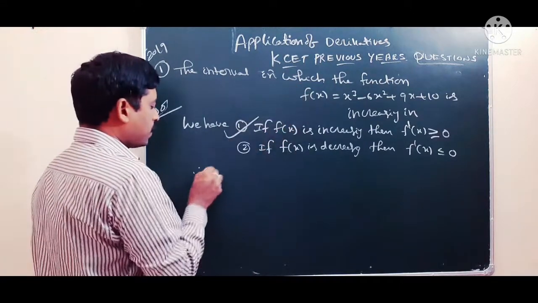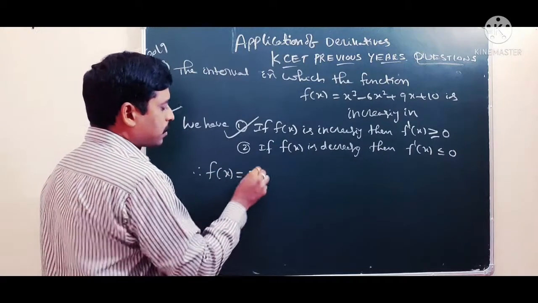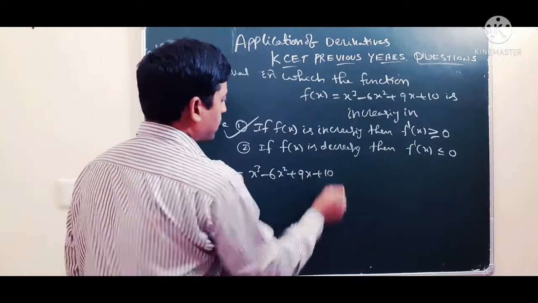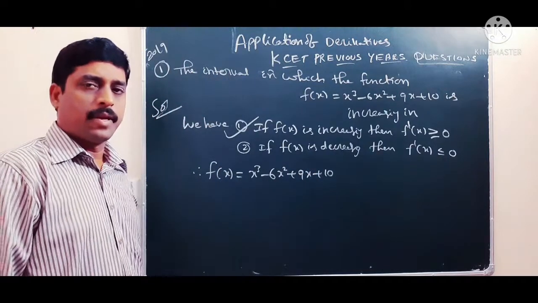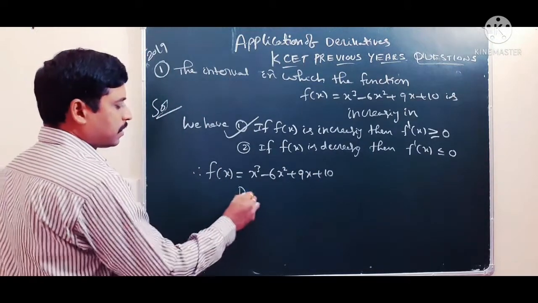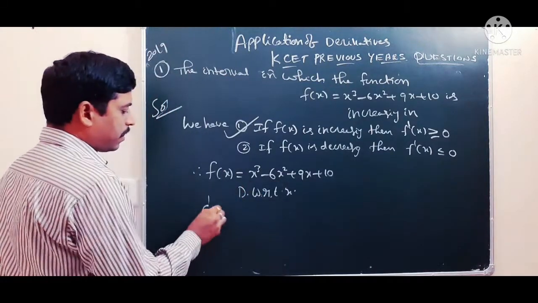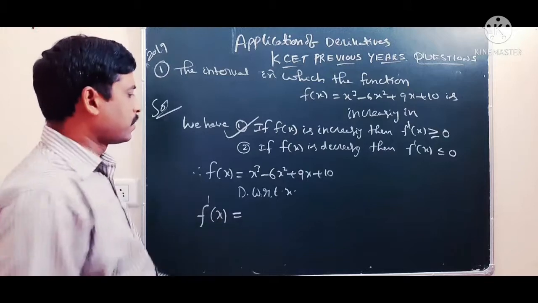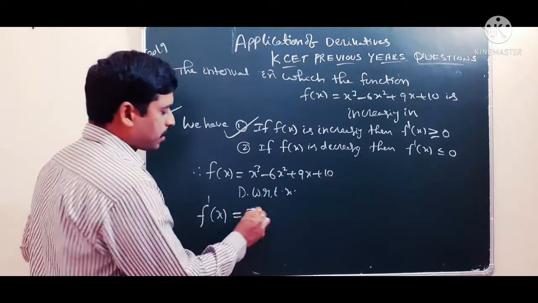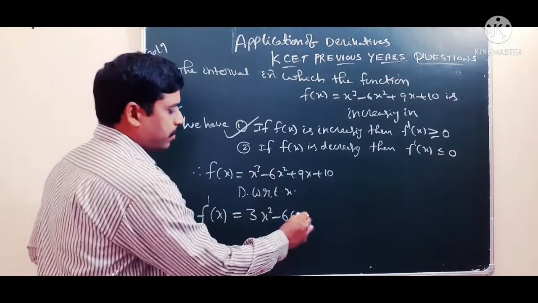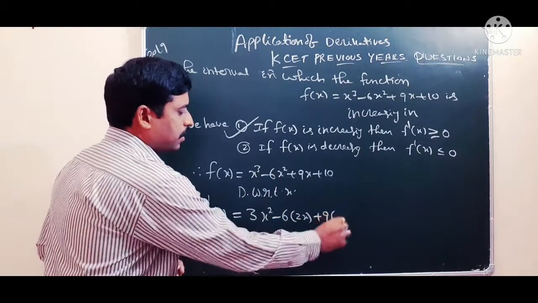So what is f of x given? x cube minus 6x square plus 9x plus 10. We should apply derivative on both sides with respect to x. Differentiation of f gives f dash x. So differentiation of x cube is 3x square, 6 into differentiation of x square we get 2x, plus 9 into 1.